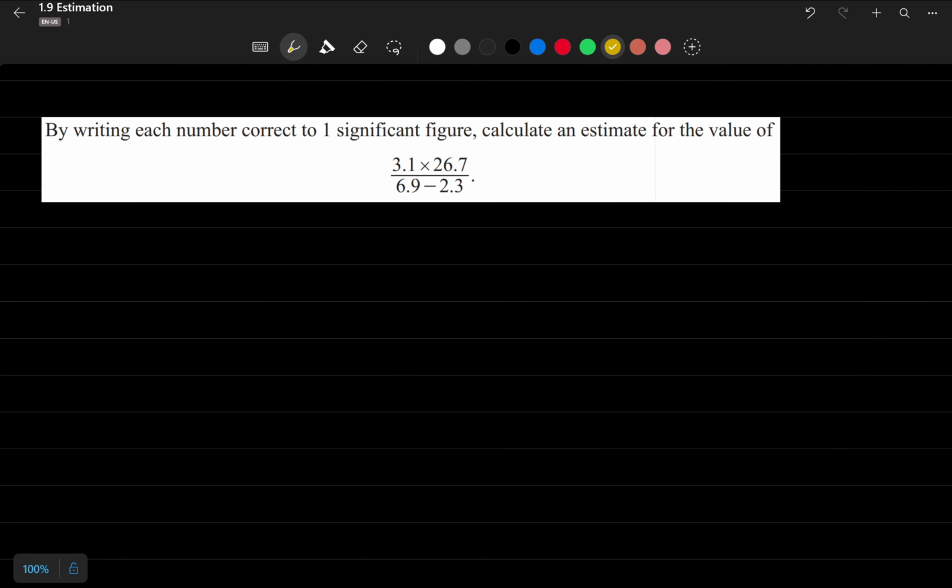Now by writing each number correct to one significant figure, calculate an estimate for the value of this. 3 multiplied by 30 divided by 7 minus 2. 3 times 30 is 90. 7 minus 2 is 5, which gives you 18 as your final answer.